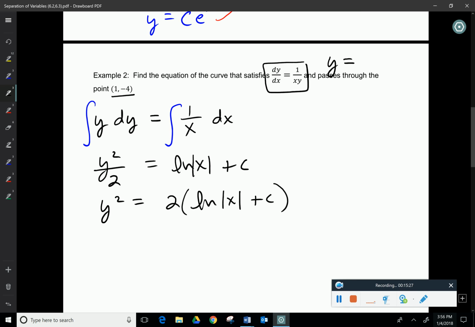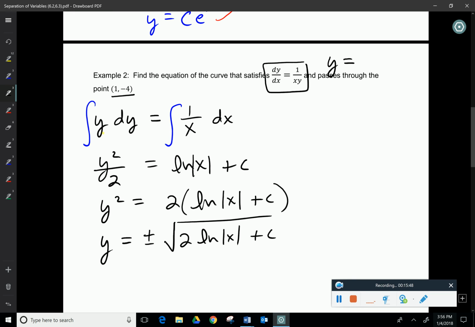Now here's the thing. If you want to distribute the 2, you can. You don't have to. It doesn't matter. And then if I'm actually solving for y, I'm going to say y is either plus or minus the square root of 2 natural log of x plus c.